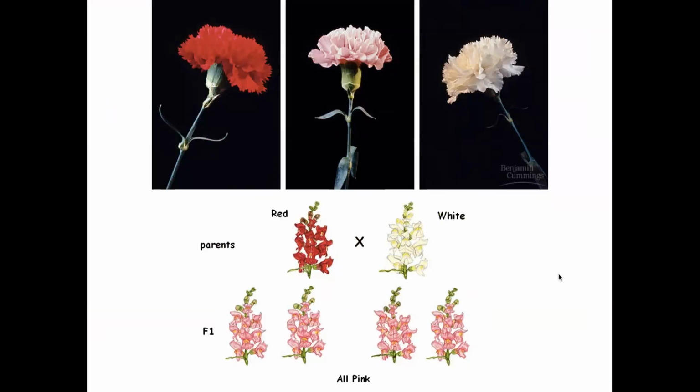So in other words, you see dependent assortment. And basically what that means is that the two genes that you're analyzing, instead of being on different chromosomes within the genome, as we've described previously being responsible for independent assortment, the two genes fall on the same chromosome. So they are what we call linked. Again, they will segregate together as a unit during a meiotic event because they're on the same chromosome. So they don't exhibit independent assortment.